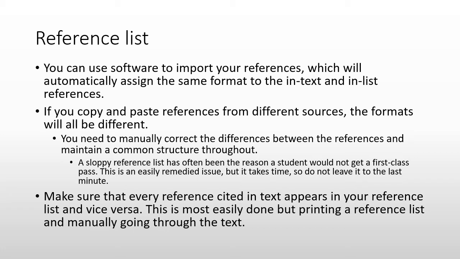So for example, if the citation in the text says McGee et al. 2016a, I can then go into my reference list and look for the name of that paper, where it is, how many pages it is, who the other authors are. All of the details of that reference must be in your reference list.